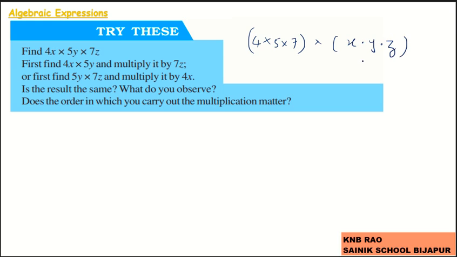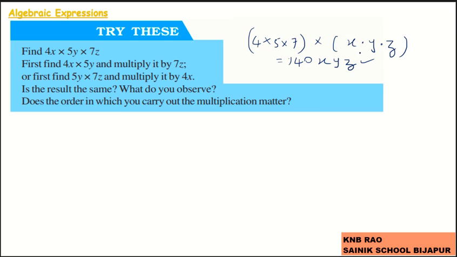So I am using a dot instead of the multiplication symbol. So you know how to multiply this. 4 5s are 20, 20 7s are 140. Product of xyz comes as it is, xyz. So this is the result.